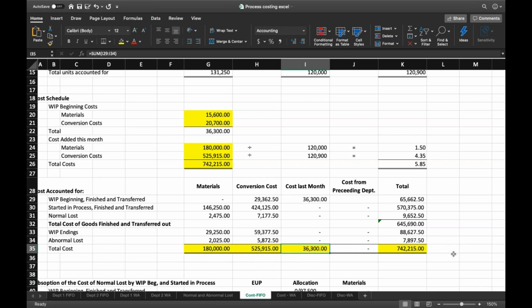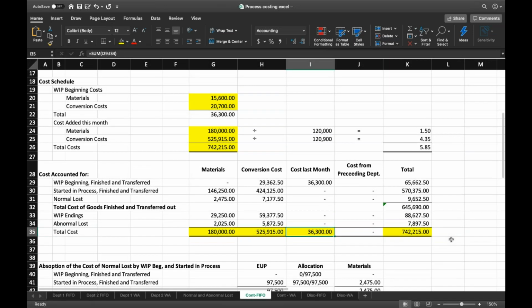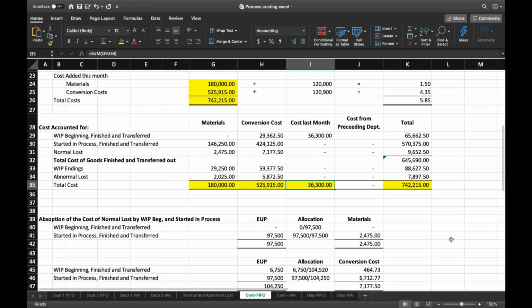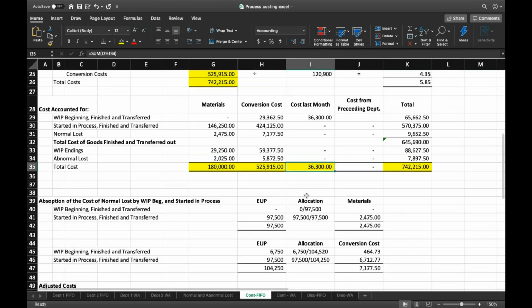Now let us adjust the cost of the transferred out units. Kasi meron tayong mga normal loss, it will be absorbed by those units na considered as good units. Okay.